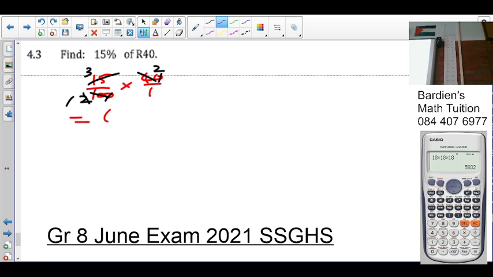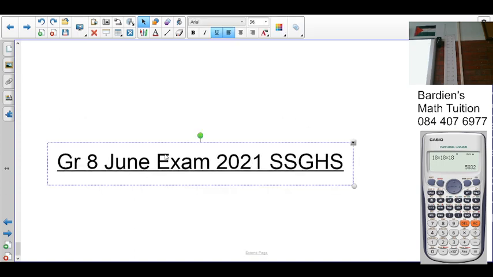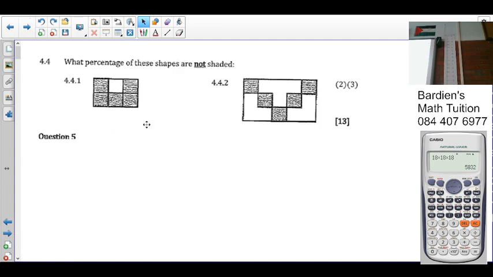So that would be 6 rand. You want to agree with that? Yes? It looks like you don't know what you're doing. But we'll give it to you, but the right thing is the right thing. No?